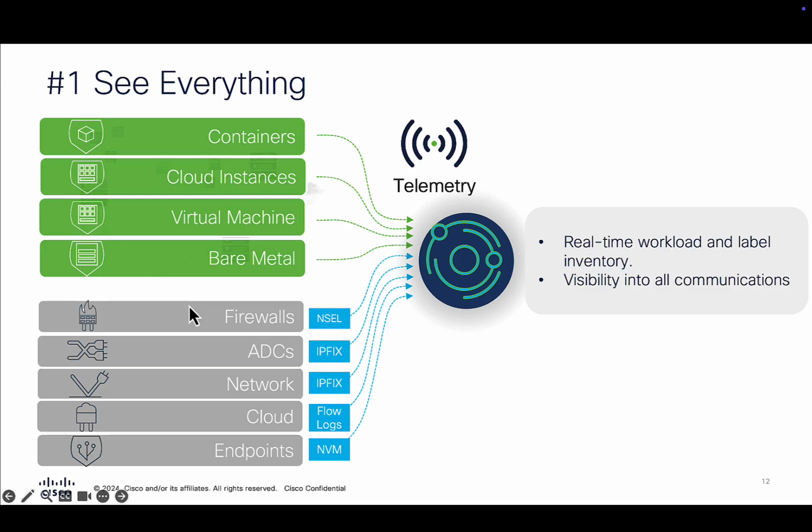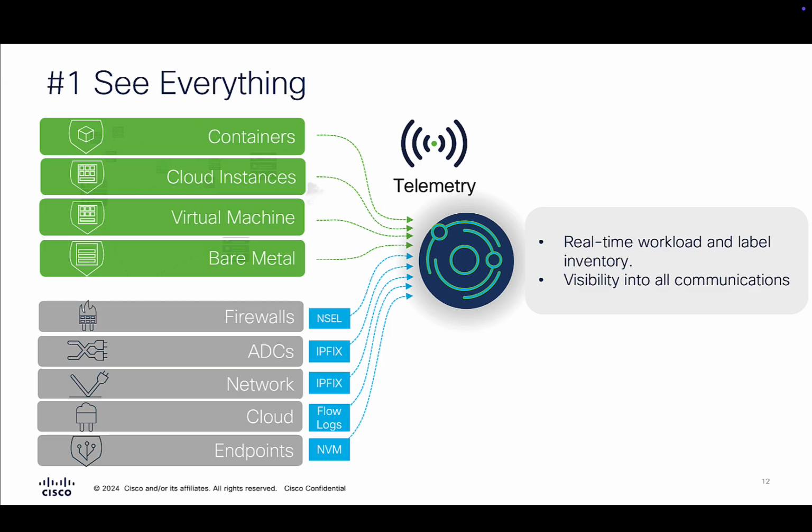So network devices like Cisco Secure Firewalls, F5 or Citrix load balancers, or any switches for that matter that support standard IPFIX or NetFlow flows. In the case of public cloud, you can integrate over APIs to pull VPC or VNet flow logs, and likewise we have integrations with endpoint devices as well.